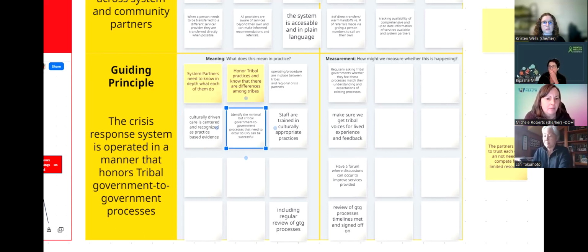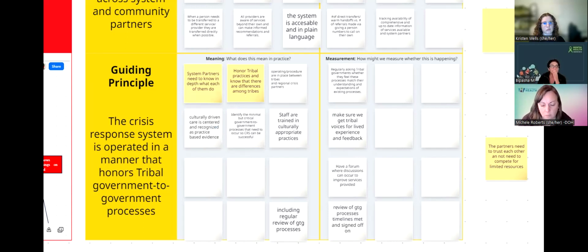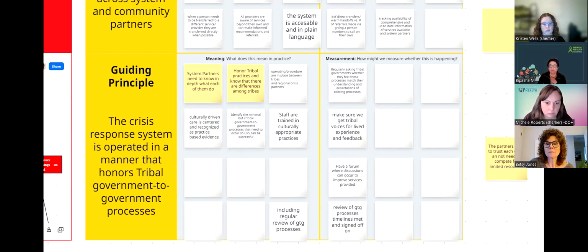Yes. Okay, thank you, just making sure. Staff are trained in culturally appropriate practices, including regular review of government to government processes. Great. And then in terms of how.